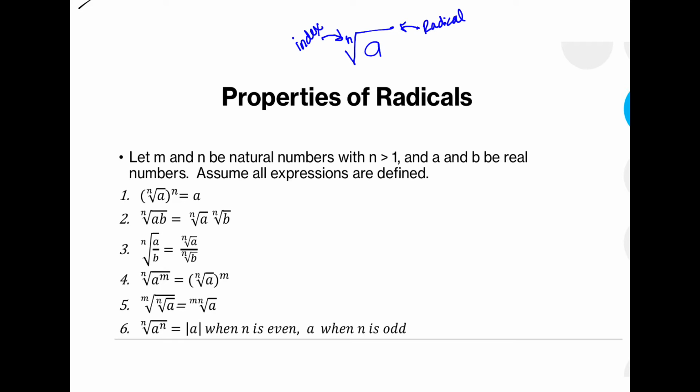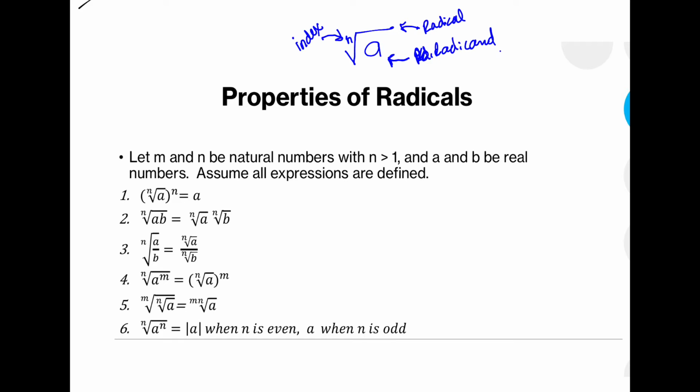If it's a 3, then we say it's a cube root. 4, it's a fourth root, etc. And the number that's underneath the radical, we call that the radicand. The radicand, fancy old word there, is just the number of which we wish to take the square root or the cube root or whatever indexed root that we have.